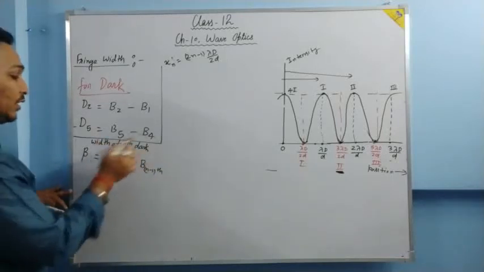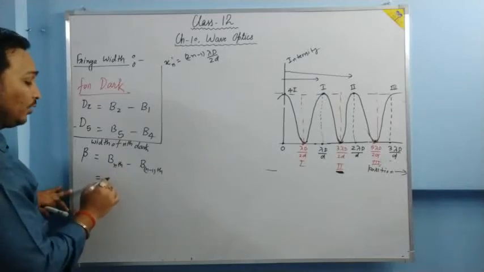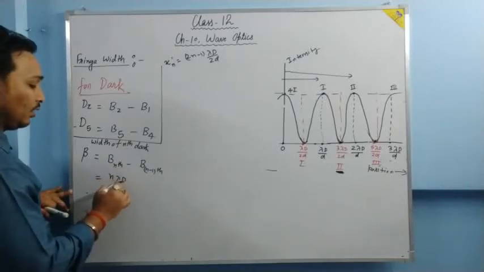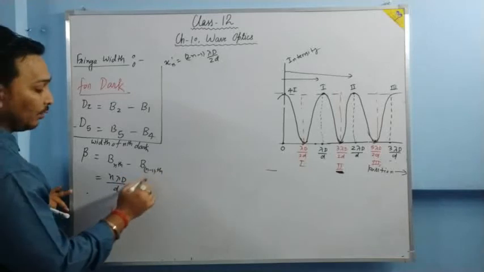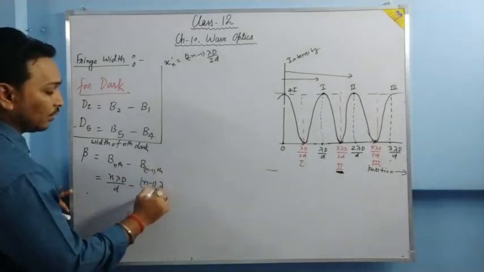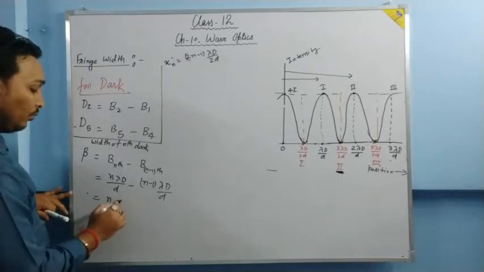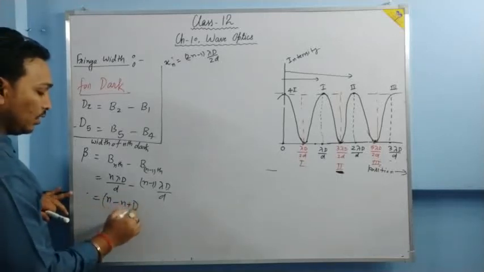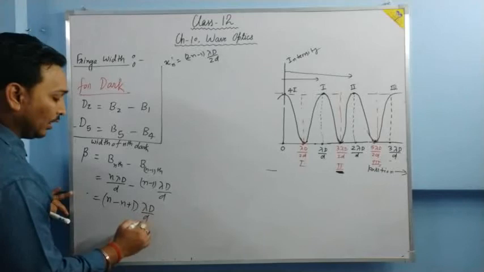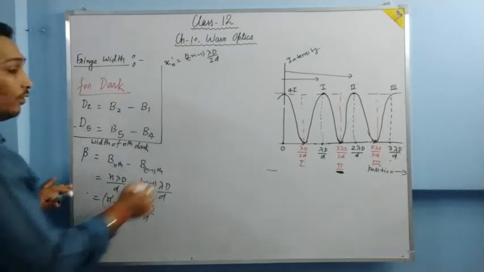See, the numbers are common like this only. For the nth bright we have the formula n lambda D by d. For the (n minus 1)th bright we have (n minus 1) lambda D by d. Now lambda D by d, if we take common, it becomes n minus n plus 1. Out of the bracket lambda D by d, and n will cancel out, only 1 will be left.